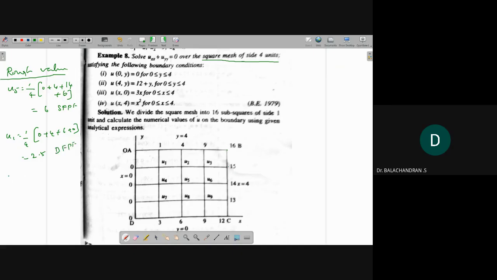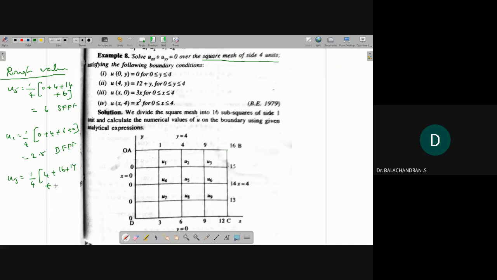And then U3. For U3, you should use the diagonal 5-point formula. 4 plus 16 plus 14 plus U5.